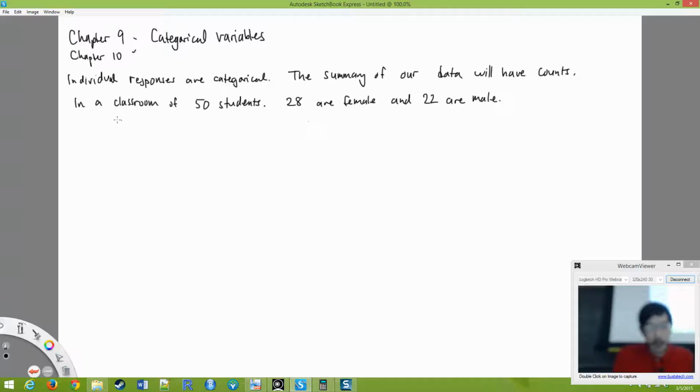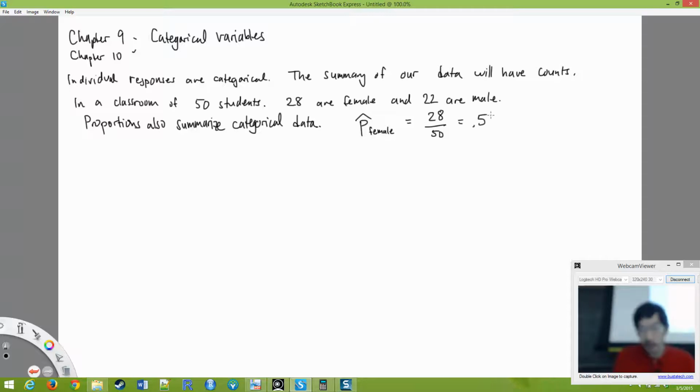Another way to summarize categorical data is with proportions. So in our case, p hat for female would equal 28 divided by 50, and p hat is 0.56.